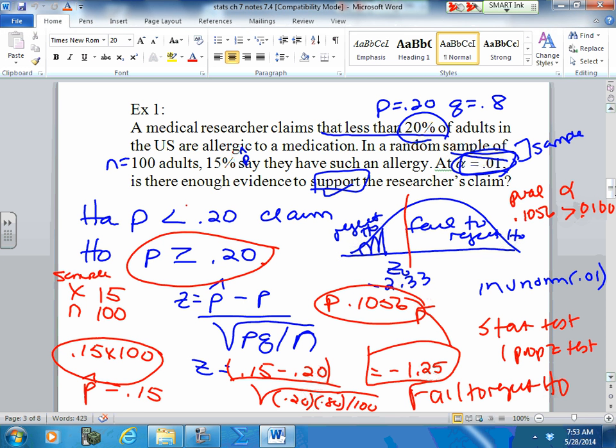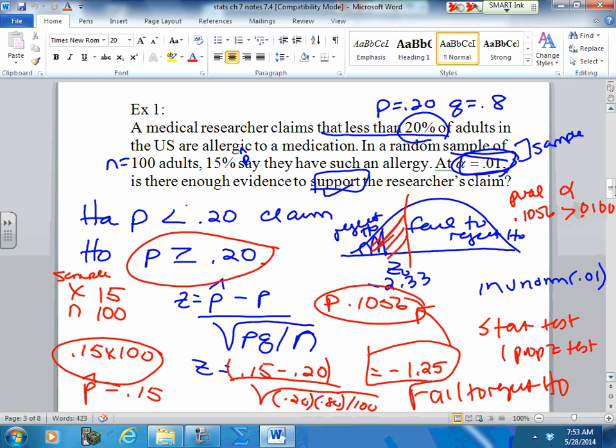We look it up in your z-table, and we look up negative 1.25, and that's its area. So that's the area to the left. Technically, that's this area right here. That's saying, well, that area is more than this, so therefore fail to reject H0. You can almost see it better when you look at your graph. Okay?